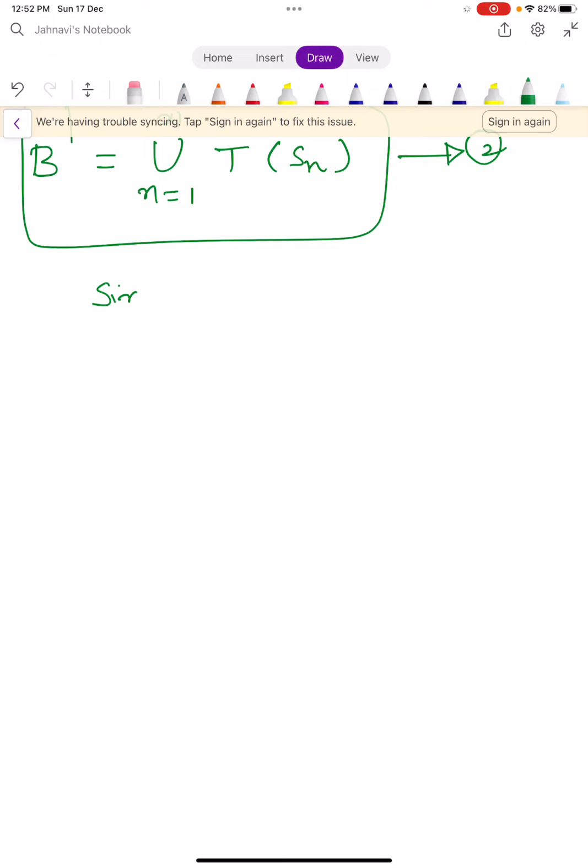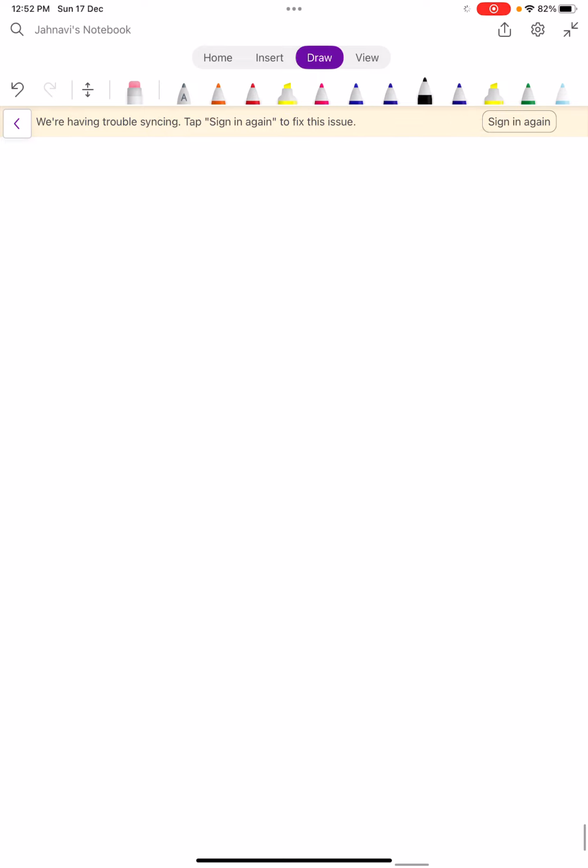Again, since every Banach space is complete, B dash is complete. Now by applying Baire's theorem. What is Baire's theorem? I write the statement here.